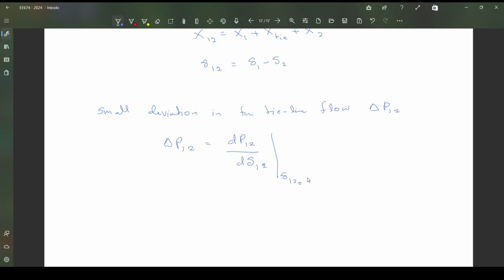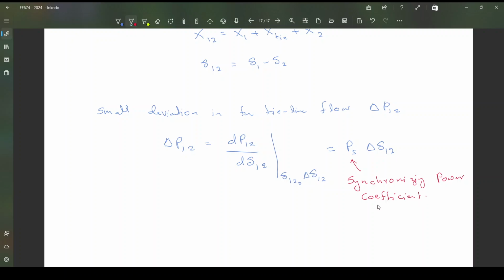This is the starting point, and then there will be a small change in the angle delta 12. This would be equal to Ps times delta 12, where Ps is the synchronizing power coefficient.